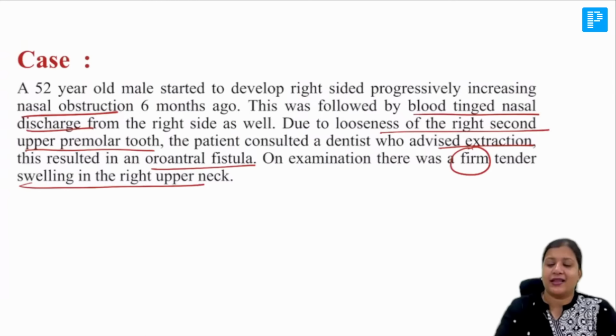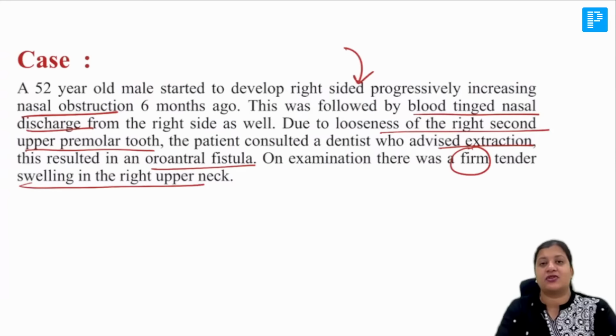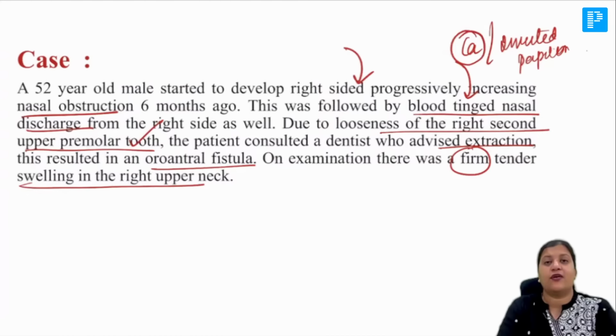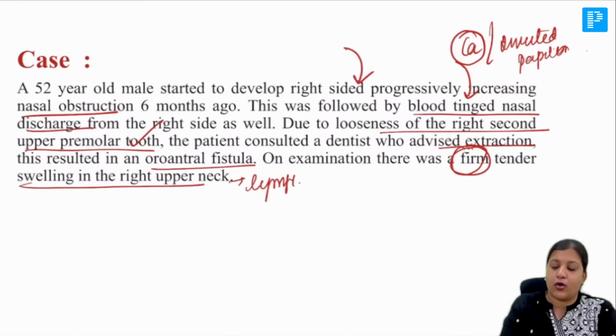There is a patient that there is an increased nasal obstruction. Normally, do we get blood tinged nasal discharge, or should we think of CA or inverted papilloma when we think of blood stained discharge? Loosening of the tooth again indicates to you possibility of CA. Firm tender swelling of upper neck indicates to you lymphadenopathy. So this is a patient who's having probably a sinonasal malignancy.